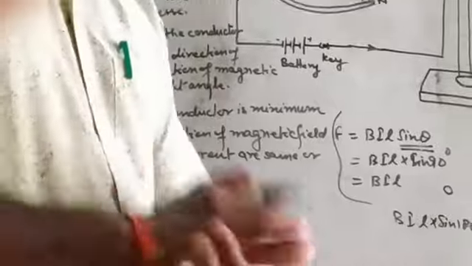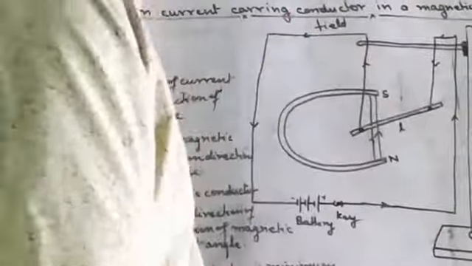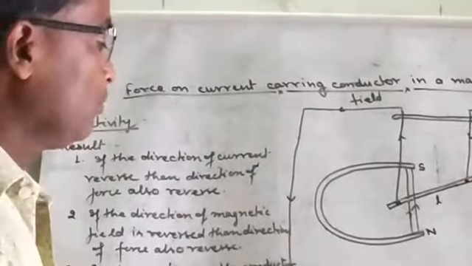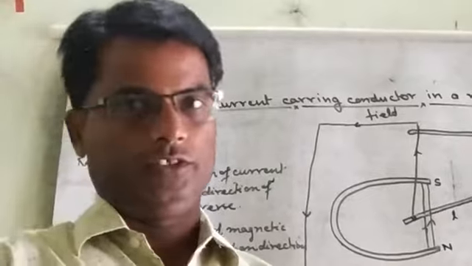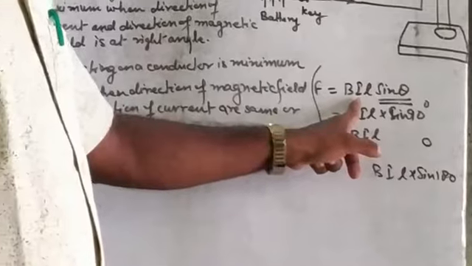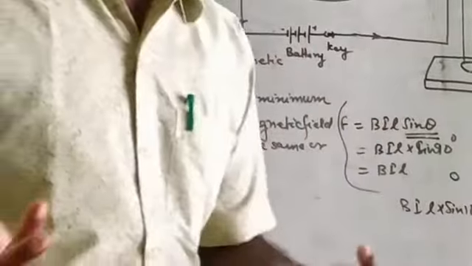Here so many times I used the words magnetic field. One question arises in competitions about the magnetic field: what is the unit of magnetic field? The unit of current, all of you know, is ampere. Length is meter.